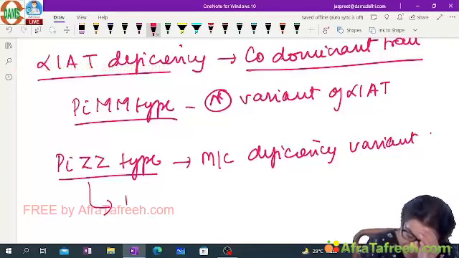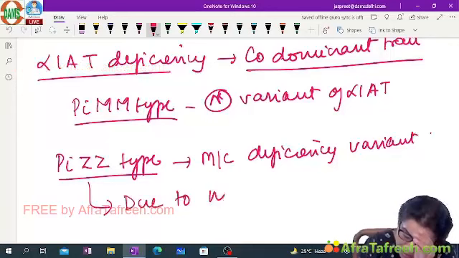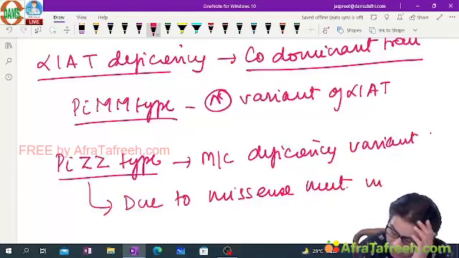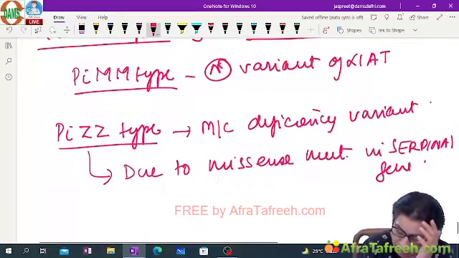In PiZZ type, this most common deficiency variant is due to a missense mutation in the SERPINA1 gene.